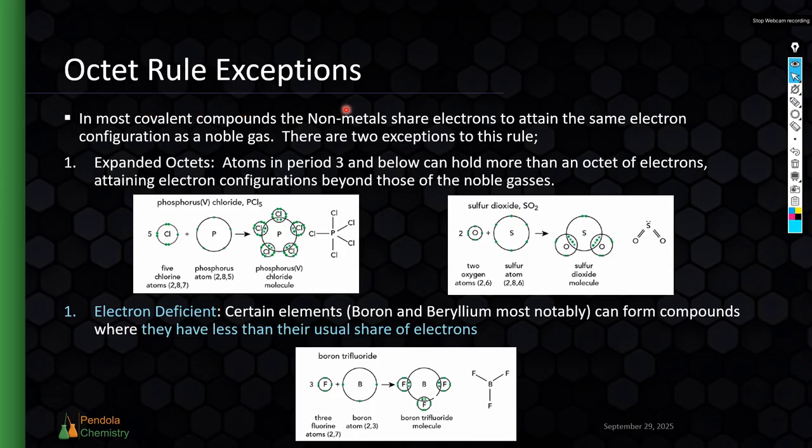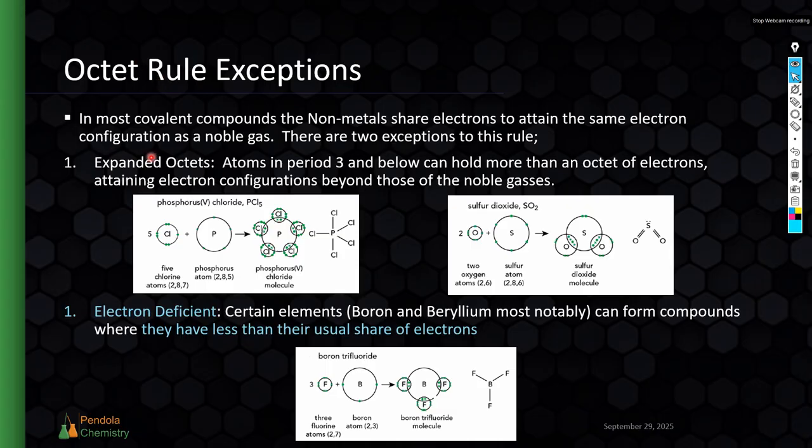In most covalent compounds, the nonmetals, or sometimes metalloids, share electrons to attain the same electron configuration as a noble gas. However, there are exceptions to this rule because chemistry loves these exceptions, right? It loves having exceptions to things. So the octet rule is no different. The octet rule has exceptions, mainly 2 different types of exceptions.